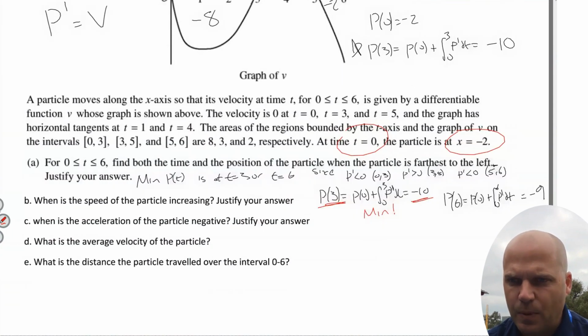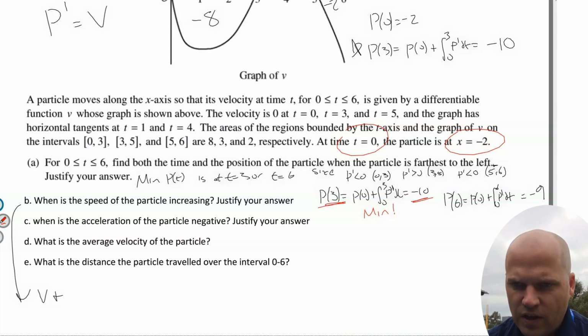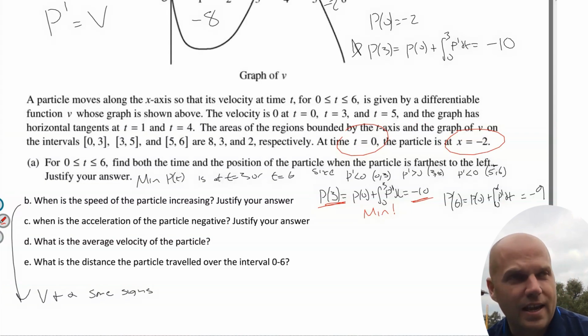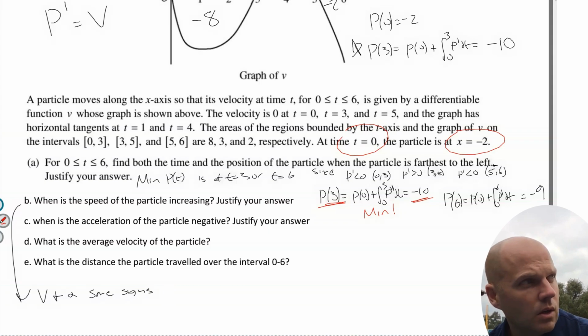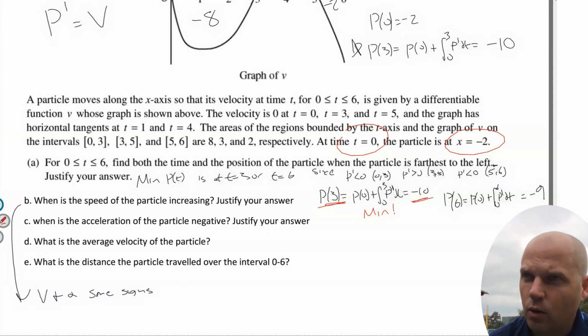When is the speed of the particle increasing? You could say V and A have the same signs. You could say when your velocity is going away from 0, or when your velocity is positive increasing and negative decreasing.